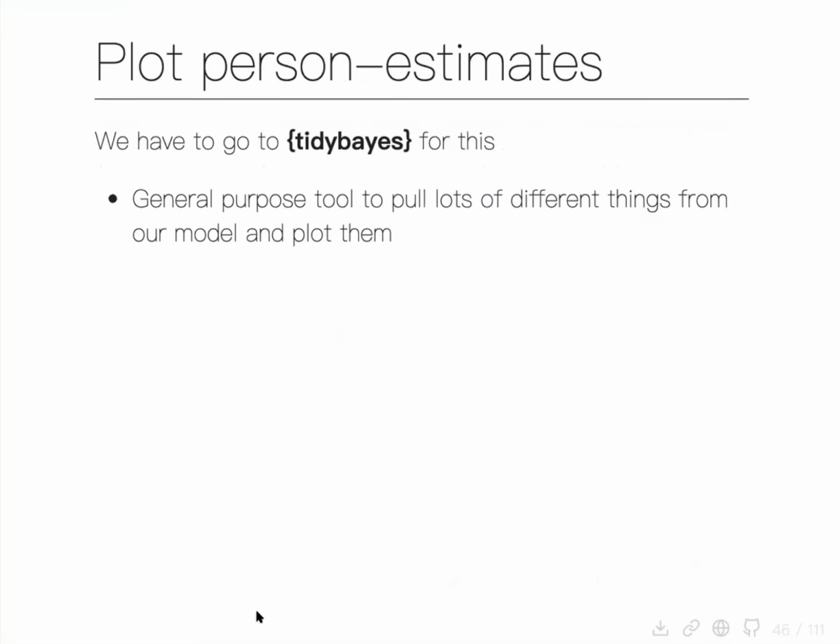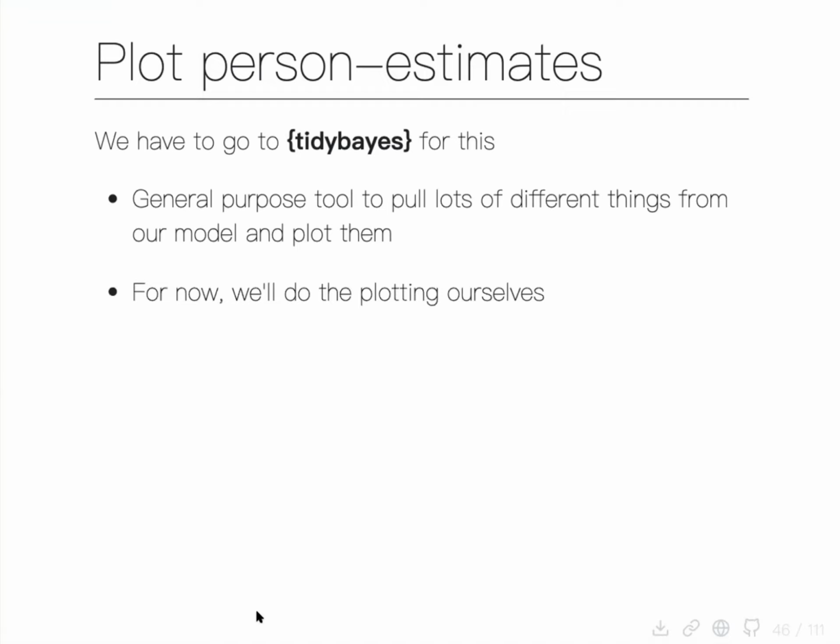All right. If we wanted to plot the person estimates, this is where I think it's better to go to the tidybayes package. Okay, and we'll be using the tidybayes package quite a bit for the rest of this example, but also the next example. It's a general purpose tool for pulling all sorts of different things from your models, but it also has a lot of tools for plotting that are quite nice.